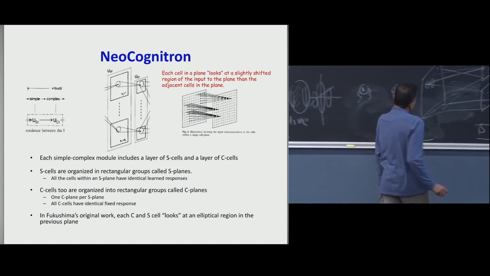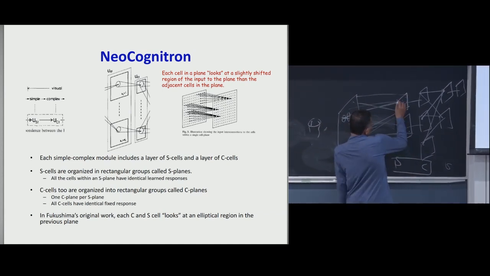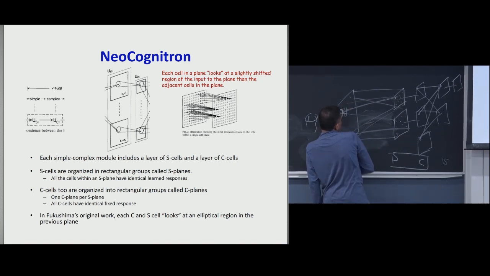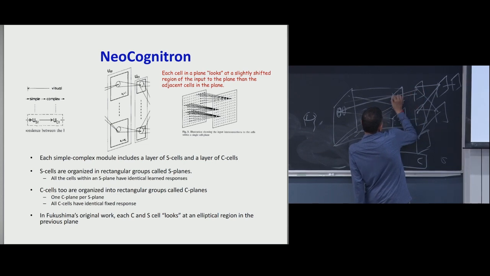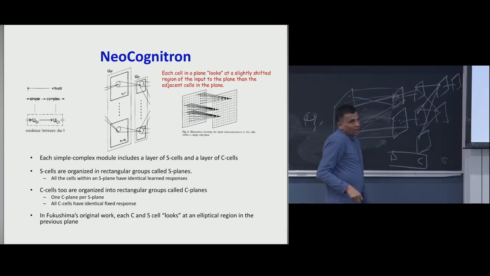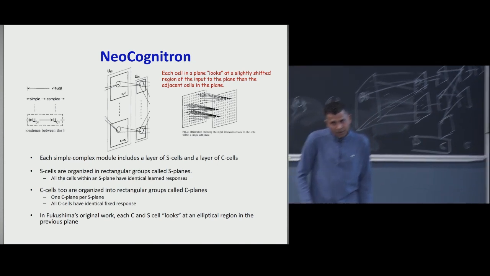And now, specifically in Fukushima's model, the receptive field of each unit was actually elliptical. So this one would be looking at an elliptical region. The corresponding C plane is going to be looking at an elliptical region out here to decide if there's really a vertical slit, right?